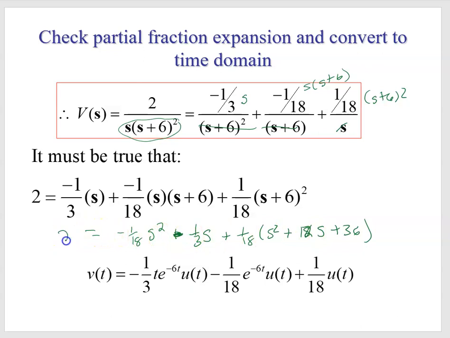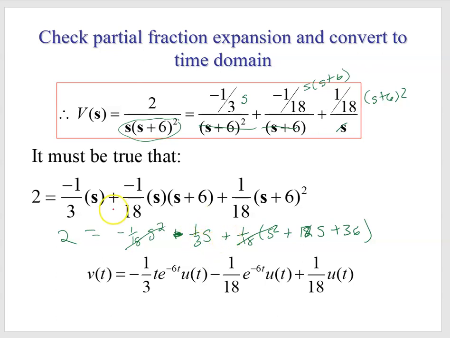Again, that's all got to equal 2. So we have our negative 1/18 s squared, that cancels out with the 1/18 s squared. Here we have 12 divided by 18 s. 12 divided by 18 gives us 2/3 s.